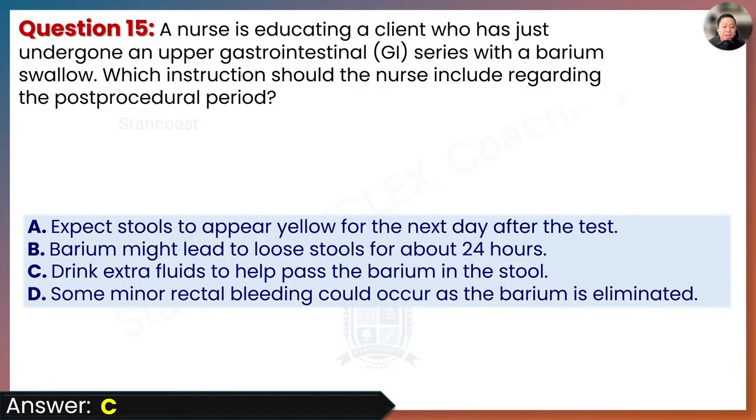Now, if you selected letters A, B, and D, let's take a look into letter A here. Well, barium can affect the stool color, but it does not turn the stools yellow. Instead, it can lead to light-colored, white, or let's say pale gray stools due to its opaque, chalky consistency.